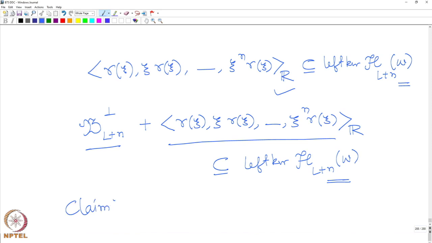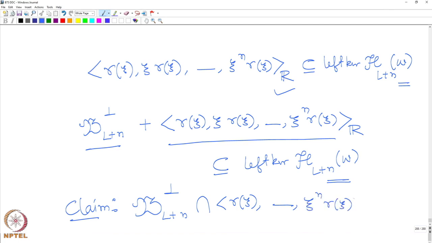Claim: B L plus n perp intersection the span of R xi, dot dot dot up to xi to the n R xi, this intersection is non-zero. A non-zero vector will be there, which is in here as well as in here.